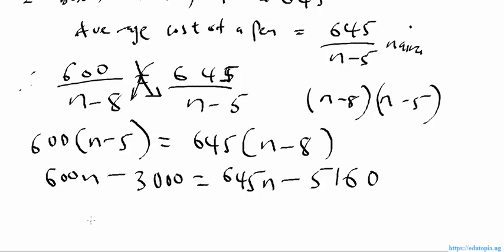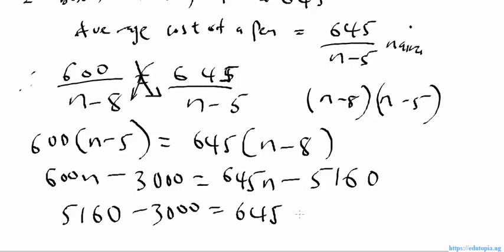Here we say 5160 minus 3000 is equal to 645N minus 600N.